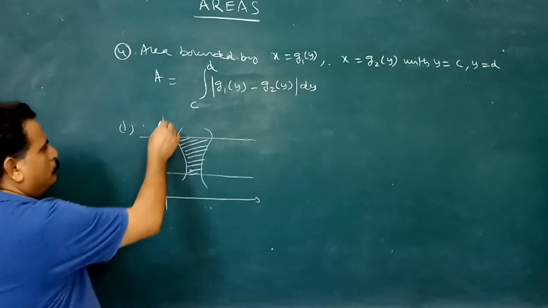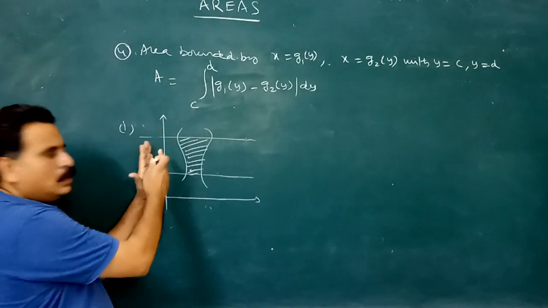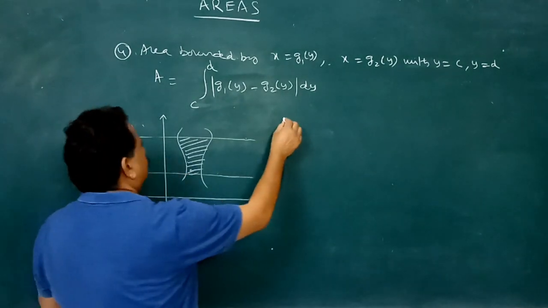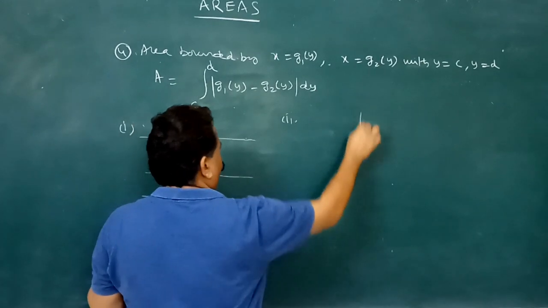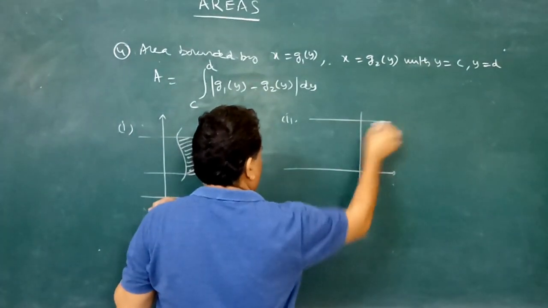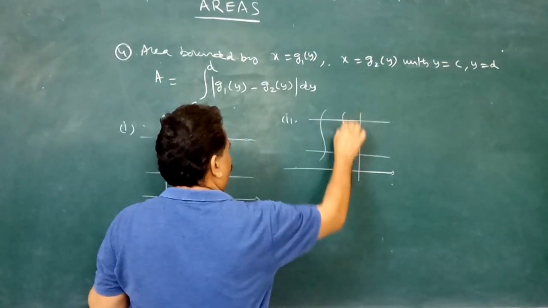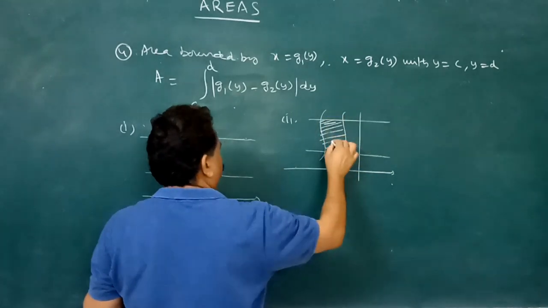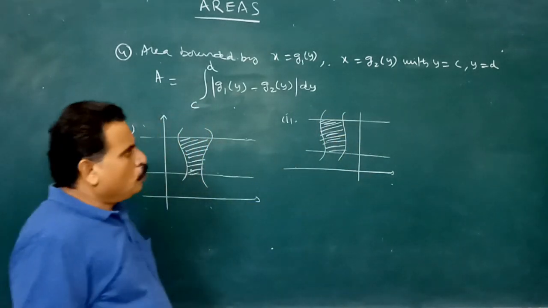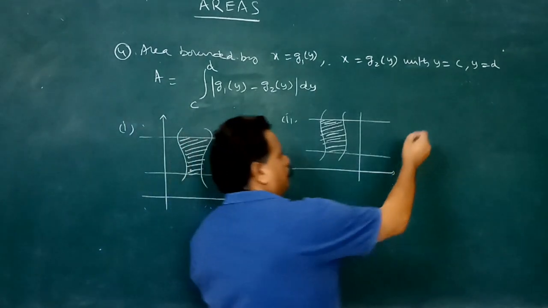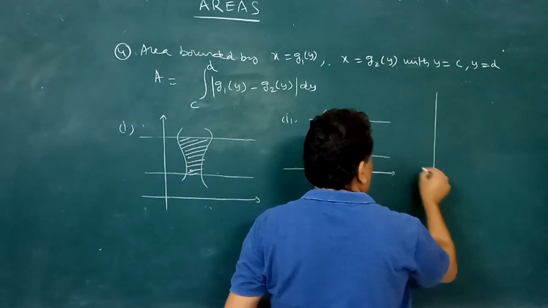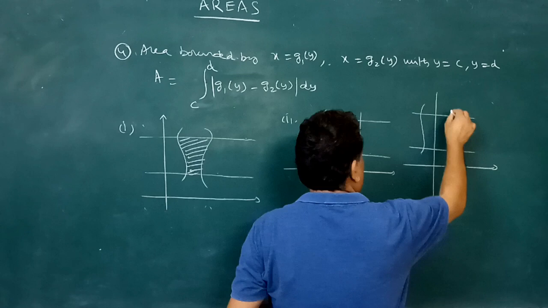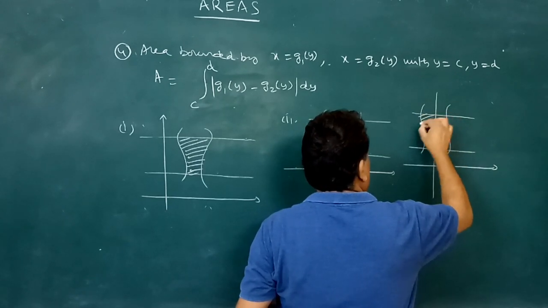Both are above, that means both are to the right side of the y-axis. If both are to the left side of the y-axis, in that case, between the two horizontal lines. Here, one curve is left and one curve is right side of the y-axis.